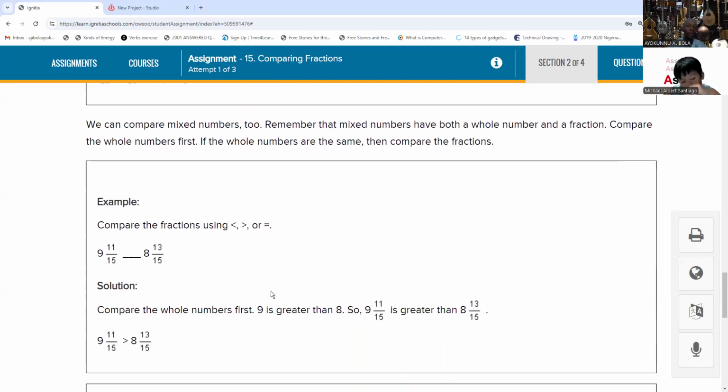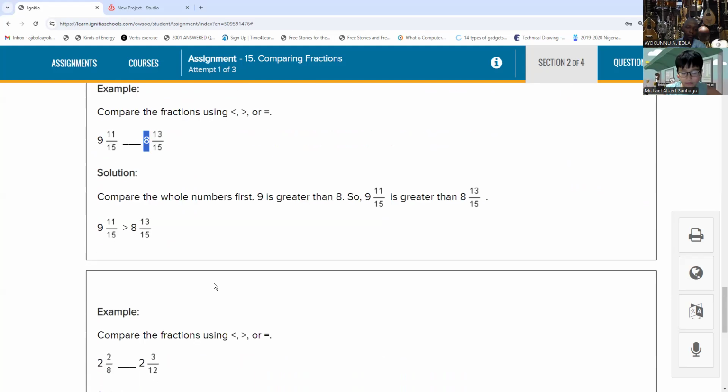We can compare mixed numbers too. Remember that mixed numbers are both a whole number and a fraction. So compare the whole numbers first. Only if the whole numbers are the same, that's when you compare the fractions. So looking at this, 9 is obviously greater than 8. So definitely it's greater than.